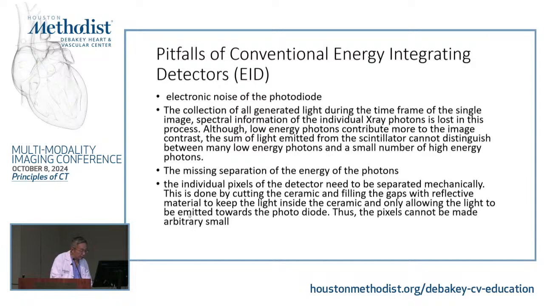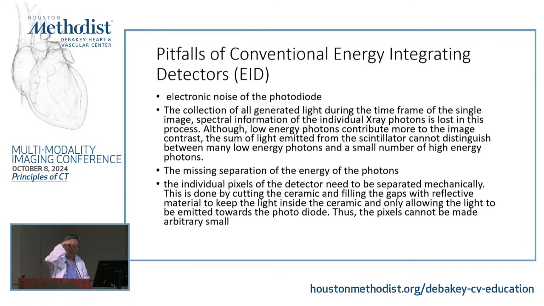Okay, for the last 10 minutes, we're going to talk about what's coming. The main pitfall of what we call the conventional energy integrating detector that we currently use in our scanner is, remember I told you that you generate electrons in the X-ray tube and they interact with the anode, and they generate X-rays, and the X-rays go through the patient and go to the detector.